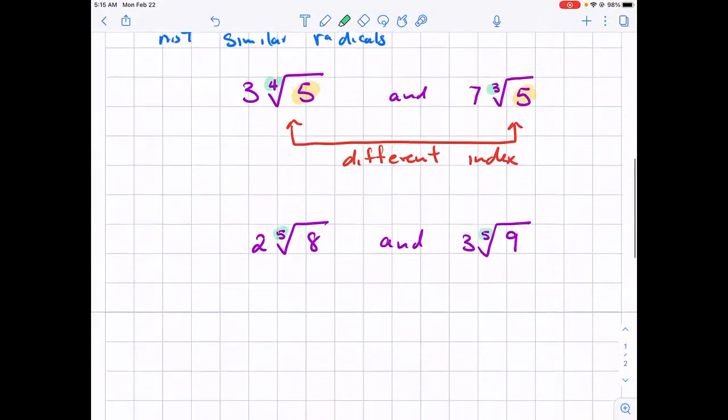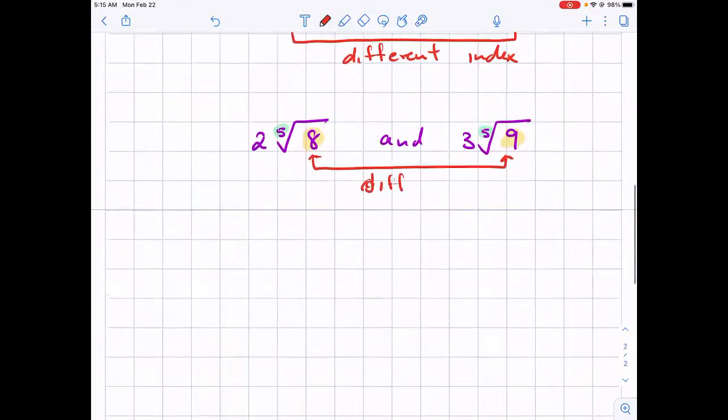But if you look at the radicand, the radicands are different. So over here now, we have different radicands. So pay attention to those, please, as you start combining.